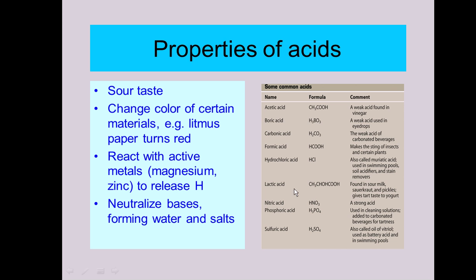Then lactic acid is found in sour milk, sauerkraut and pickles, and it gives a tart taste to yogurt. So we have acids all around us. We have acid in our body, inside our stomach. We use acids in our kitchen. So acids are around us.